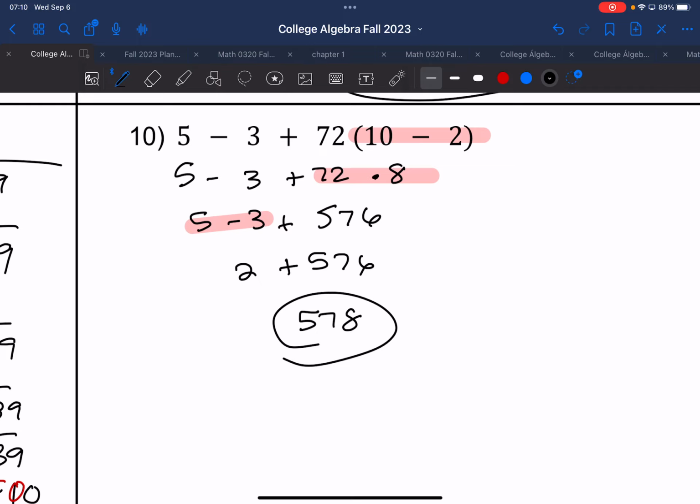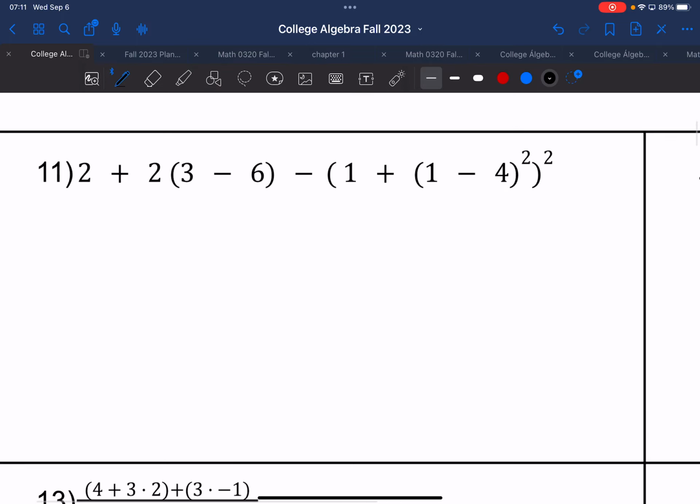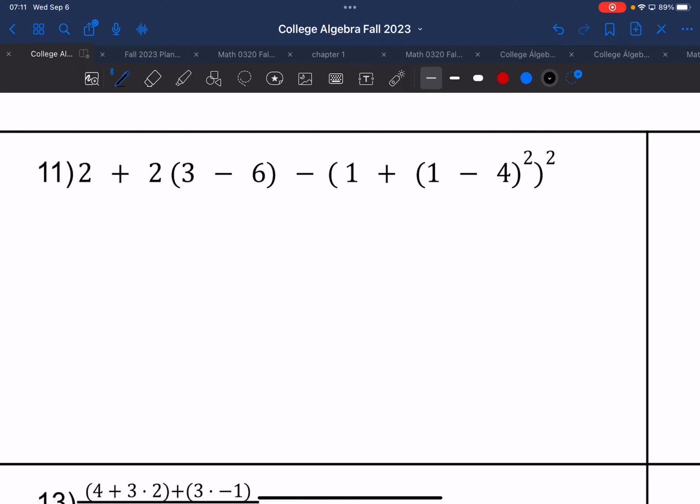Okay. Let's look at 11. Notice on 11 we have parentheses inside of other parentheses. So when we have a parenthesis inside of a parenthesis, which parenthesis do you think we're going to do first? The inside or the outside? The inside. So we're going to do those parentheses.